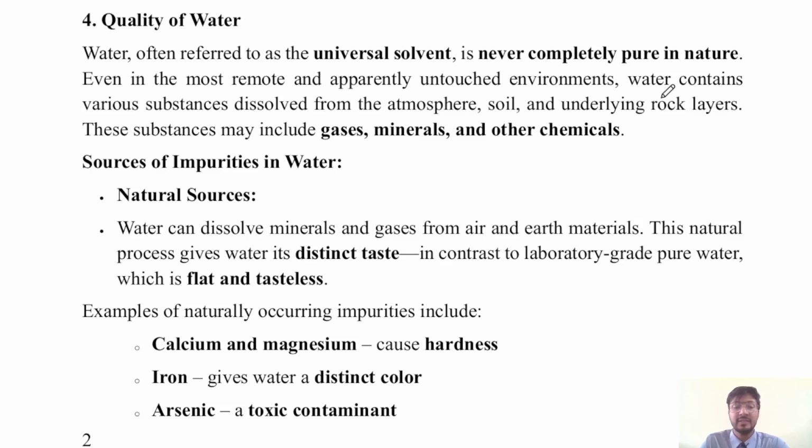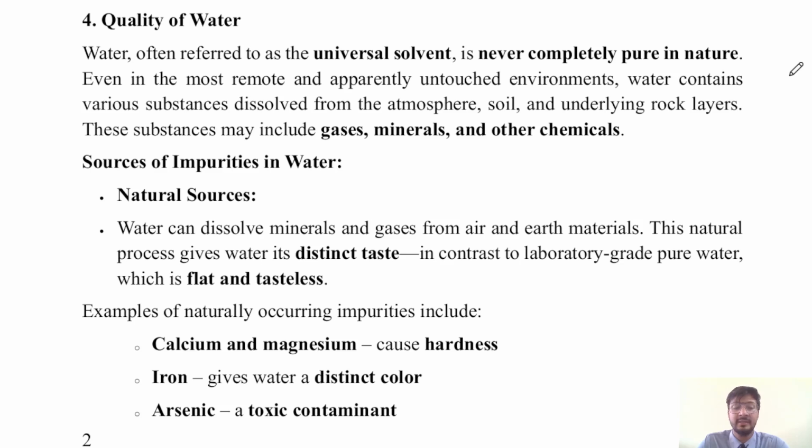Let's classify the sources of these impurities into two main categories: natural sources and human activities. Natural sources are substances that dissolve in water as it moves through the air, soil, and rocks. For example, calcium and magnesium cause hardness in water. Iron gives water a yellowish tint or even a metallic taste.